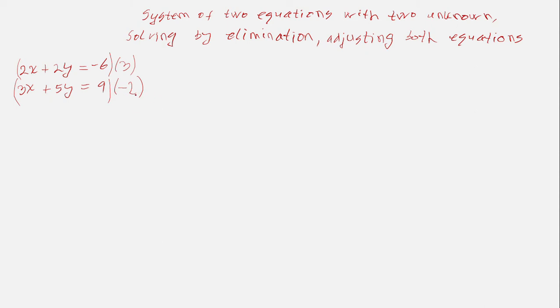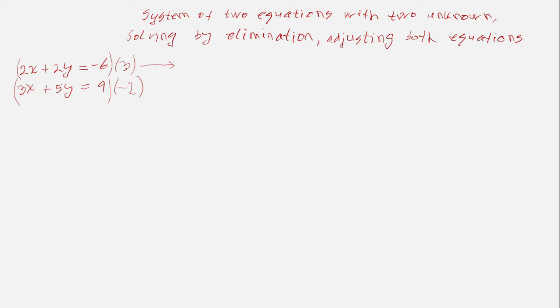Now we are making it negative because for the variables to eliminate, they have to have the same coefficient, but one of them being positive, one negative. We could have said, well, times negative 3 here and times positive 2 here.